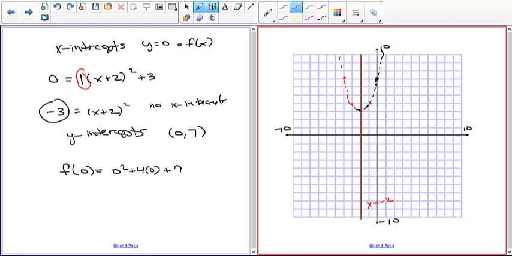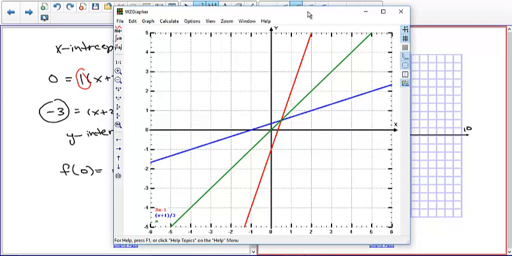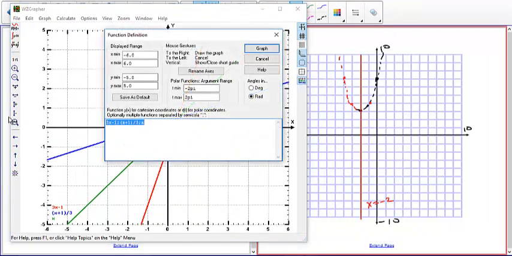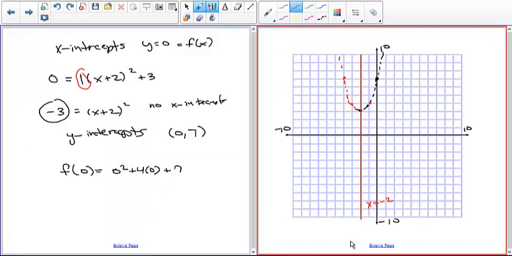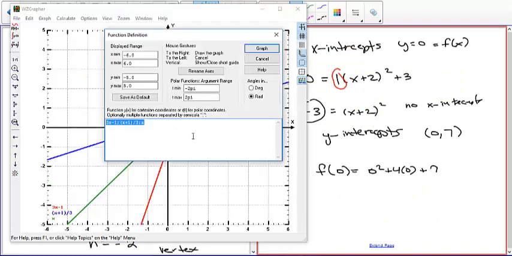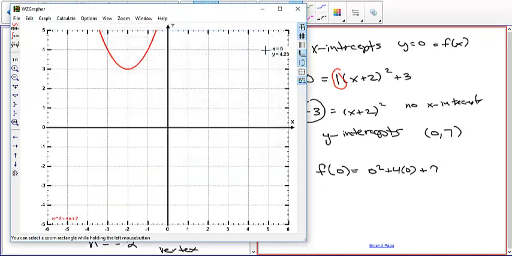And I'll just prove that it's right by plotting this thing on our graphing program. So what was the original function? Back here, x squared plus 4x plus 7. Okay. X squared plus 4x plus 7. Graph the thing. There it is.